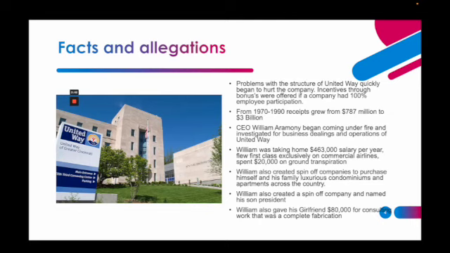Problems with the structure of the United Way quickly began to hurt the company. Incentives through bonuses were offered if a company had 100% participation. So a lot of times these companies would get contributions based on the level of participation from everyone involved, and they would be given incentives to go above and beyond to achieve this 100% employee participation, which is impossible.